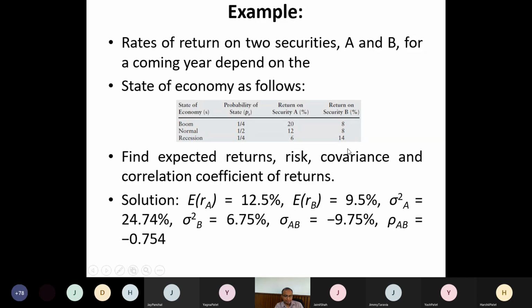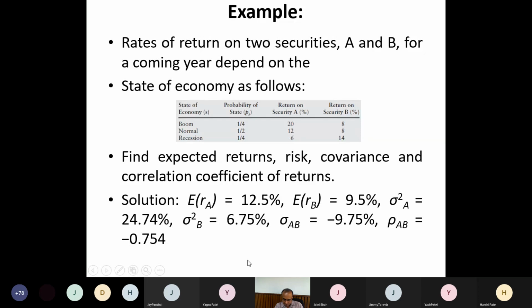You can easily justify it, because you can see security B is moving higher when security A is moving lower, and when security A is moving higher, security B is moving lower. I am talking about the return of those securities. So if we have these numbers, we can easily judge the correlation and the covariance.